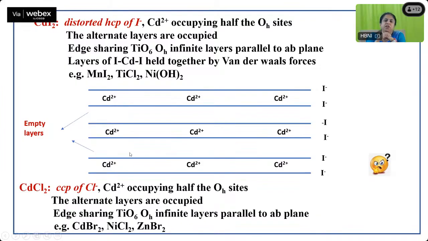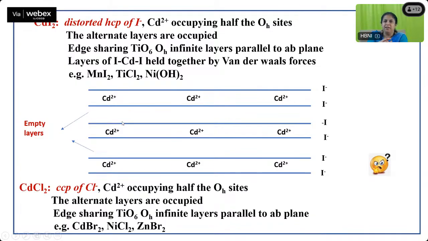Now, what is the implication of this? I told you in the beginning of the class that crystal structure defines your property. CdI2, because of the fact that this octahedral hole is not occupied, means nothing is here, right? So CdI2 forms a layered structure, and these layers, the ones which are occupied, are held together by van der Waals forces in between.